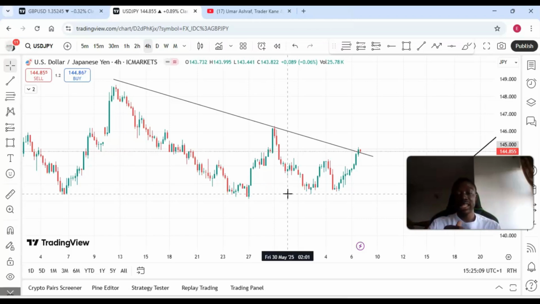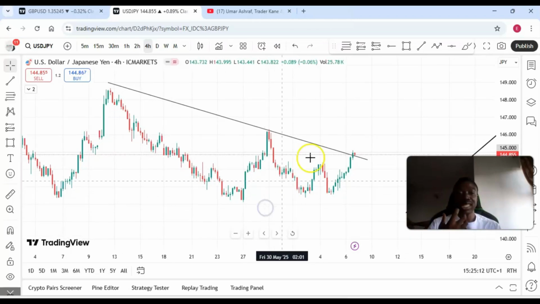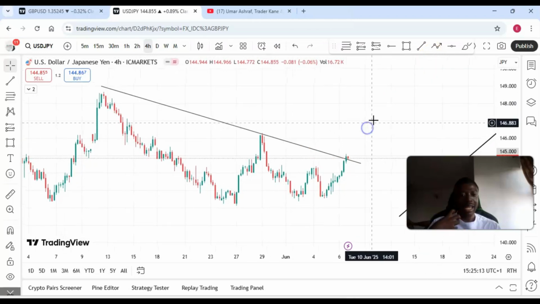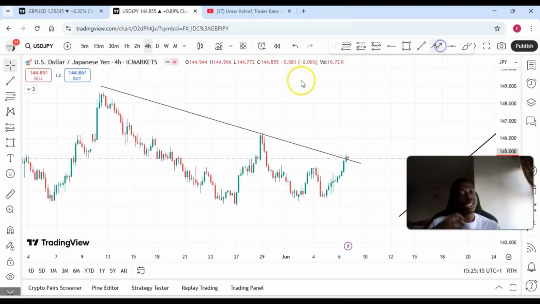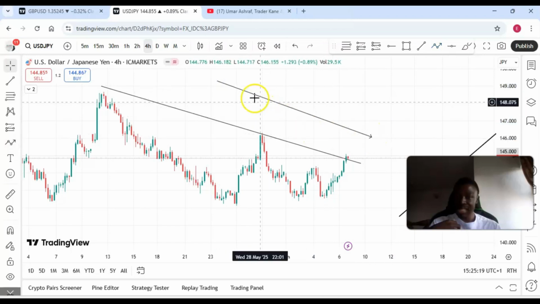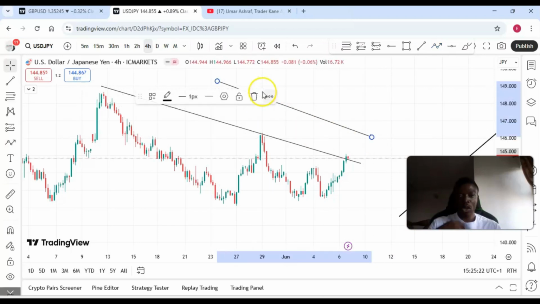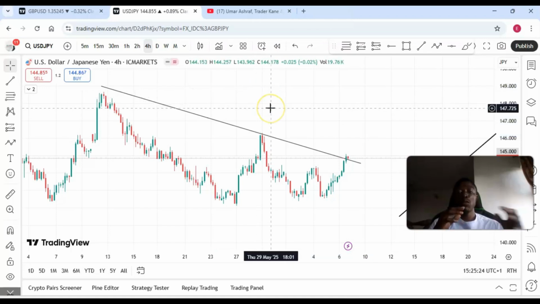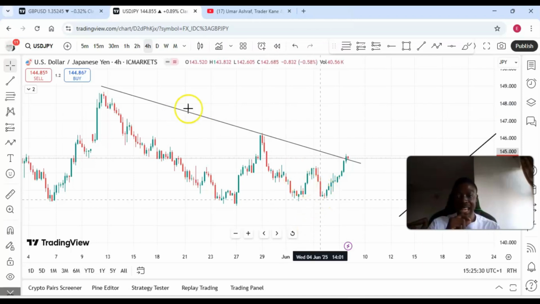For example, this is a downtrend line because what do we see? We see that currently this market is pushing to the downside. This is the direction of the market currently. So how do we draw a trend line in this case? First thing, or first rule of a trend line, is that a trend line must have two touches.